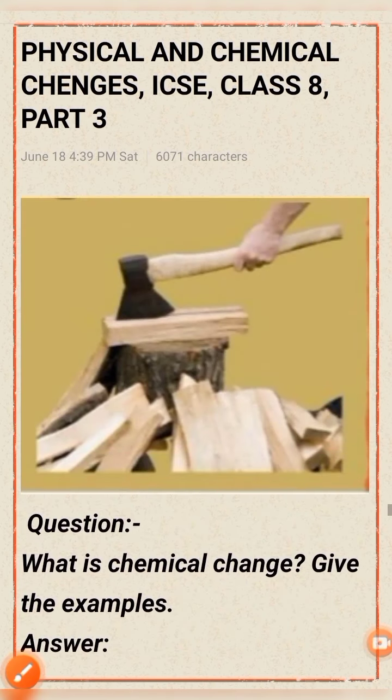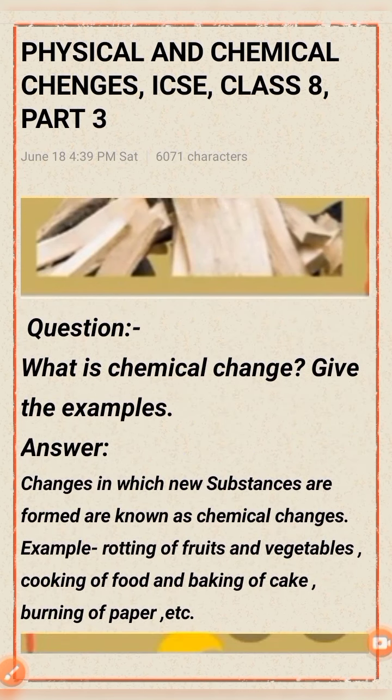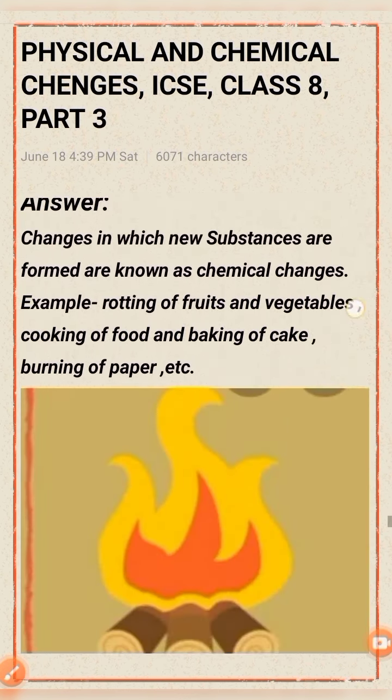Next question, what is a chemical change? Give an example. Changes in which new substances are formed are known as chemical changes. Example, rotting of fruits and vegetables, cooking of food, baking of cake, burning of paper, etc.